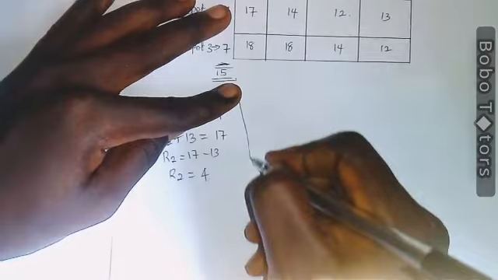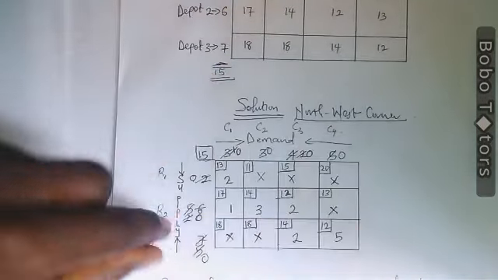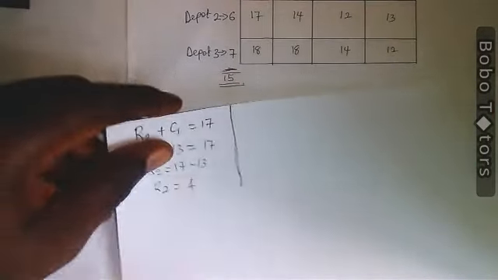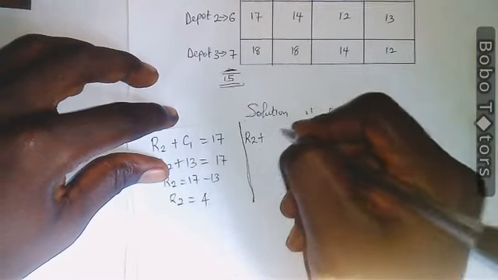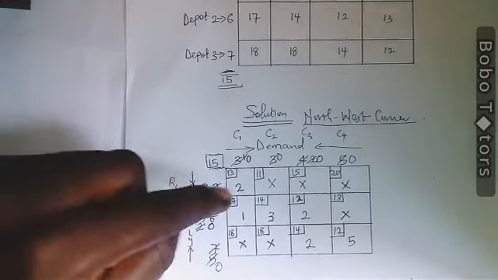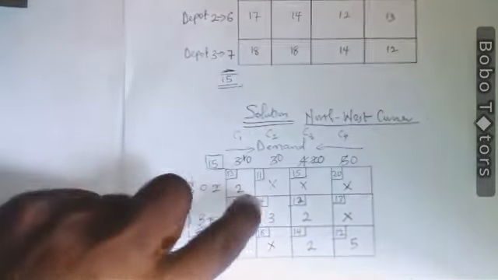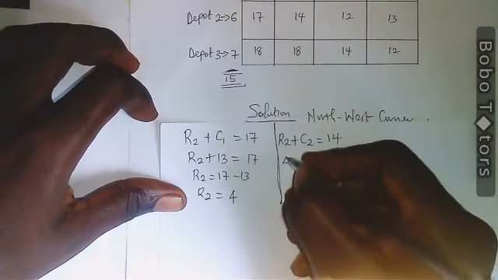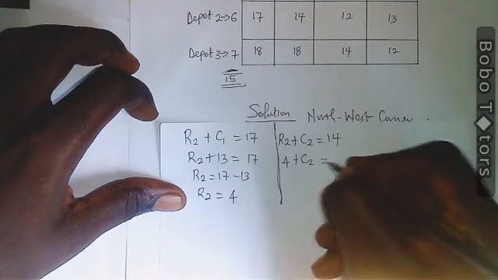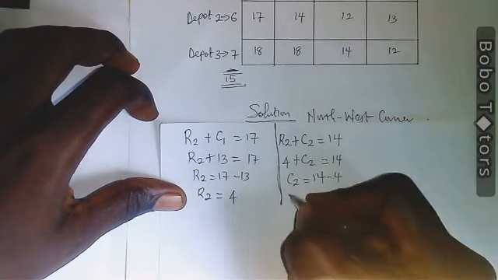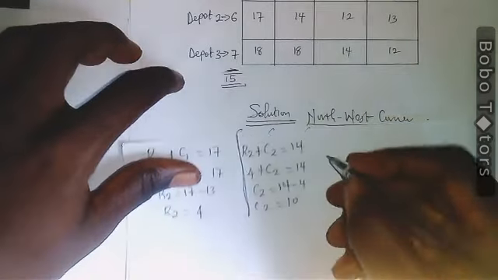The next one, row 2 column 2. Row 2 plus column 2 is equal to 14.